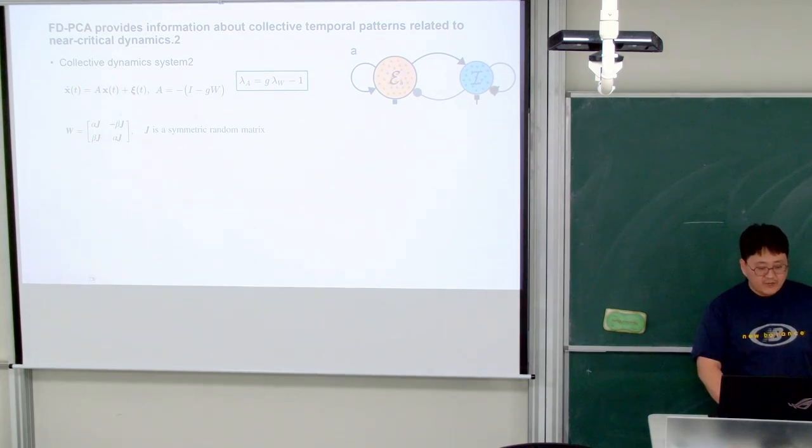So A population suppresses the other population, and B population activates the other population, right? According to this matrix. Then how can we find the relationship between the eigenvalues lambda omega, lambda W, and lambda J?